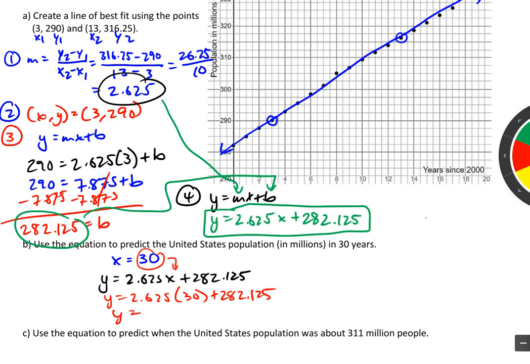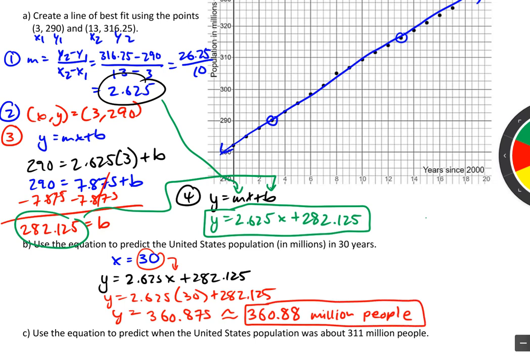And this is going to be 360.875 million people. In other words, I'm just going to approximate this. This is about 360.88 million people.